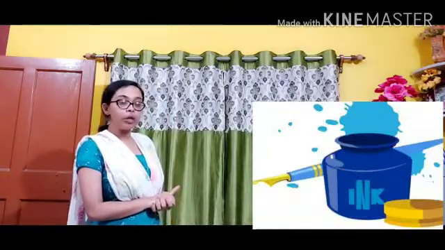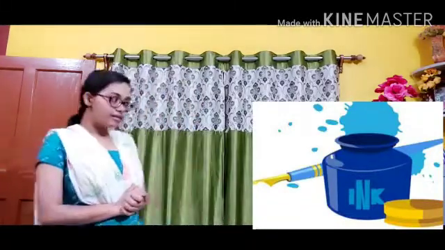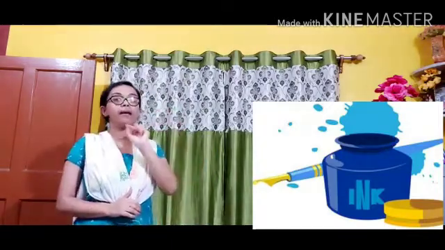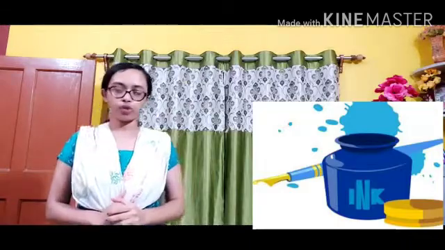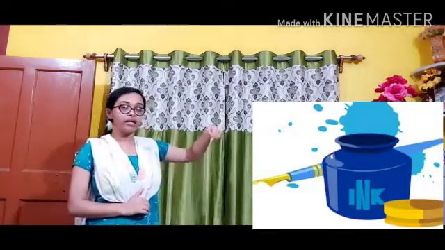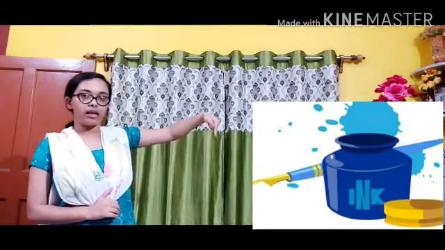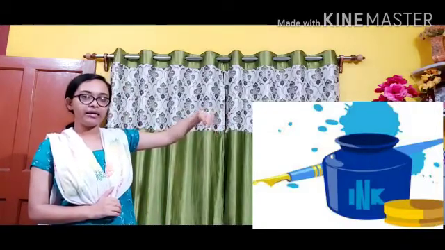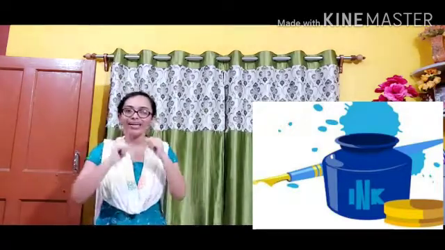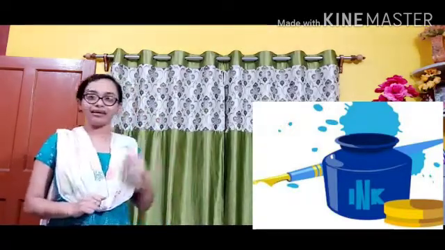Who can tell me what is this picture? I can see one small pot and a pen lying beside the pot. There is something written on the pot as well. I-N-K. Yes, you are absolutely right. This is ink.